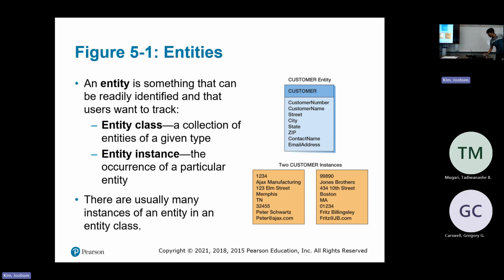For example, the first is customer number 1234 with a name, address and email, and the second one is 99890, a different customer number, different address, and different email address. So based on the entity class, we are able to add specific data.